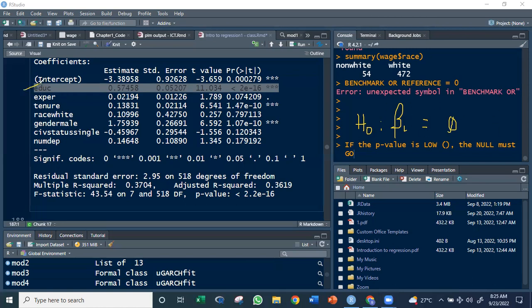Each one has its own p-value. This one is the overall, one p-value, so this is overall, and these are the individual t-tests. They also have their own hypotheses. We use the t-stat and p-value here, while for the overall goodness of fit we use the F-stat.